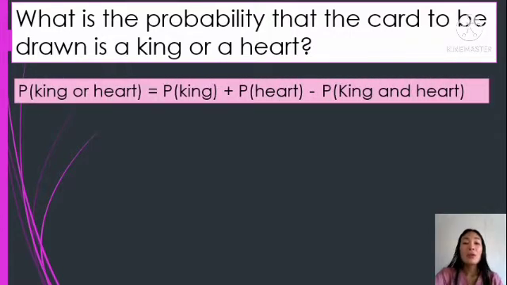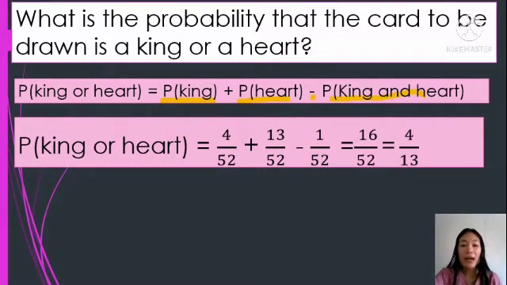Using the formula, probability of king or heart equals the probability of king plus the probability of heart minus the probability of king and heart cards.